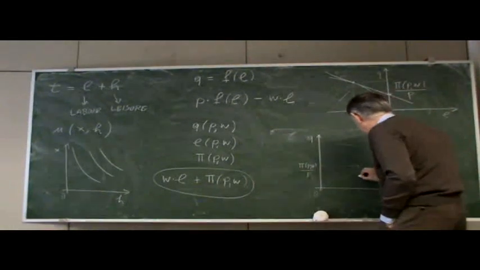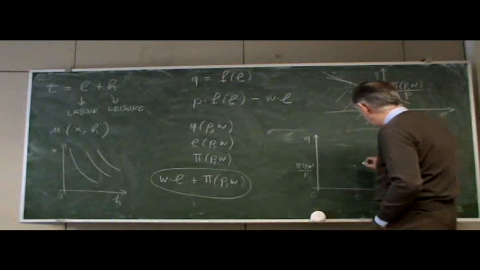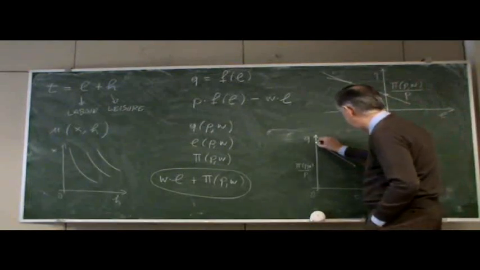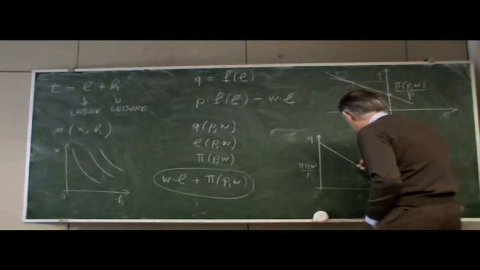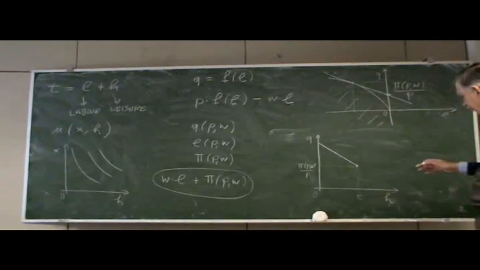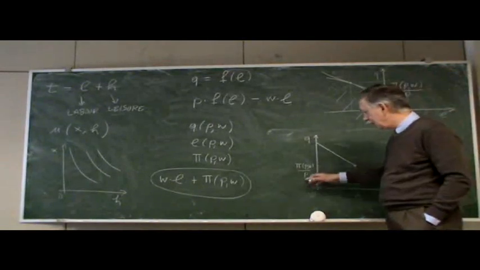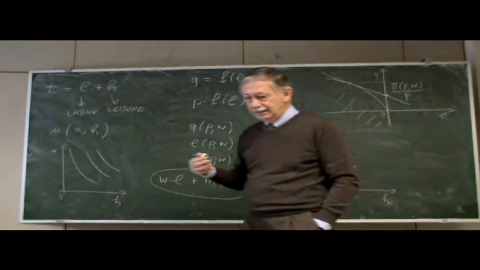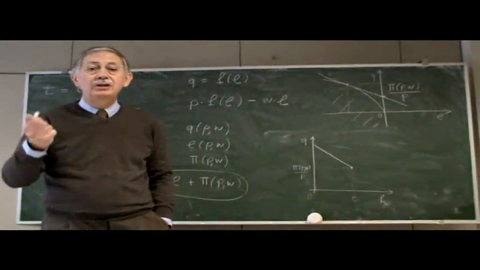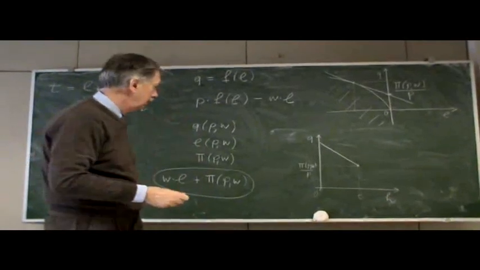This is T, the total available time. The budget constraint is this. Substantially, this is the initial endowment. The initial endowment is given by some quantity of time, some quantity of consumption good, which can be bought by means of the profit of a firm.